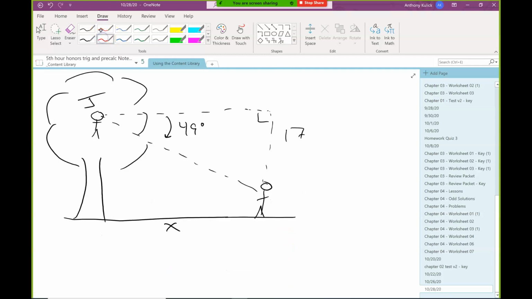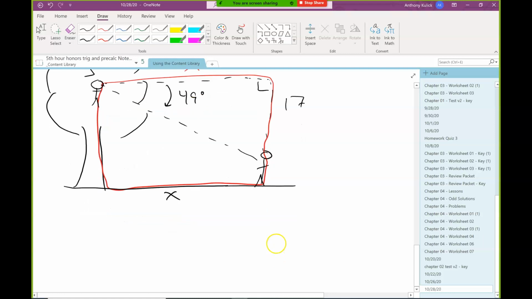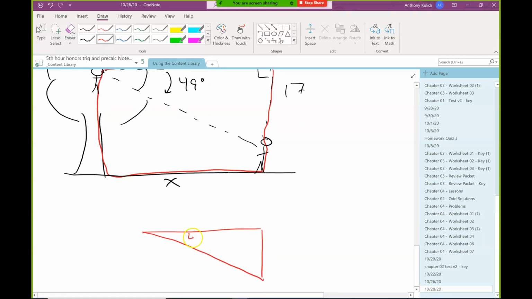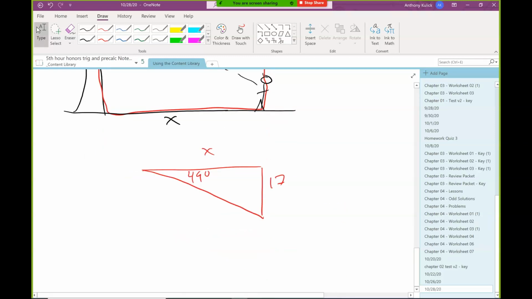Now, keep in mind that what we really have going on here is a rectangle, right? So I can think of this side as x also. We're really just trying to solve this triangle for x, right? Which trig function would I use here?